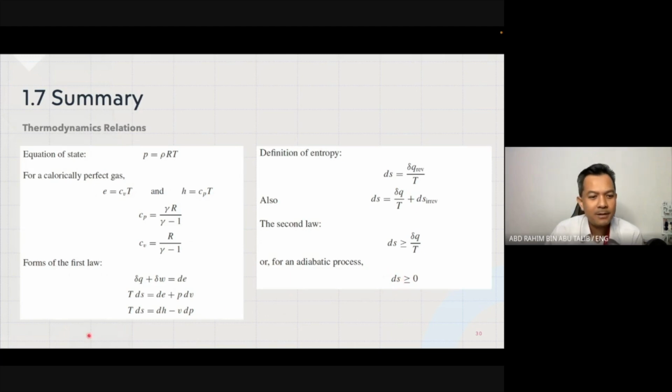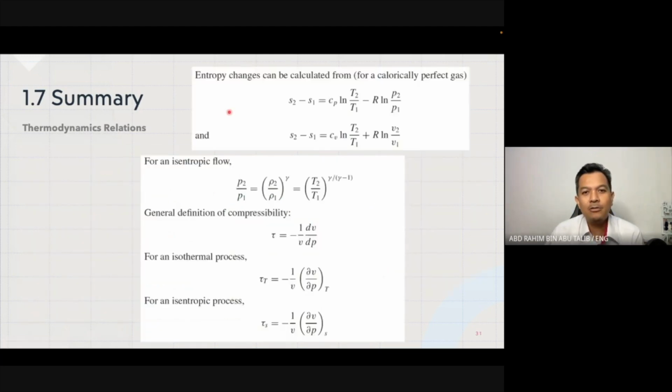Entropy changes can be calculated for a calorically perfect gas. Then these are the expressions for isentropic relations. The general definition for compressibility is tau, and for an isothermal process, tau T, and for an isentropic process, tau S.